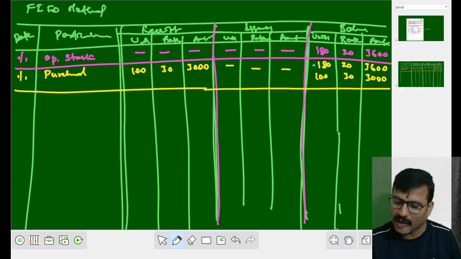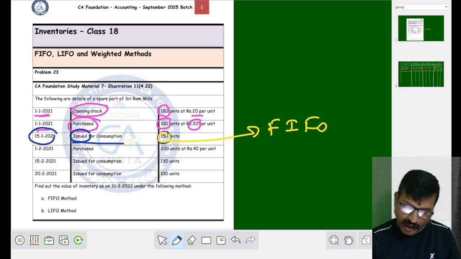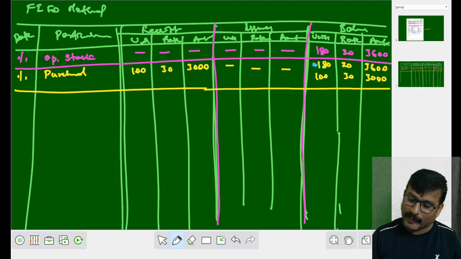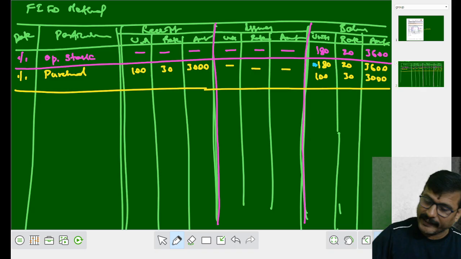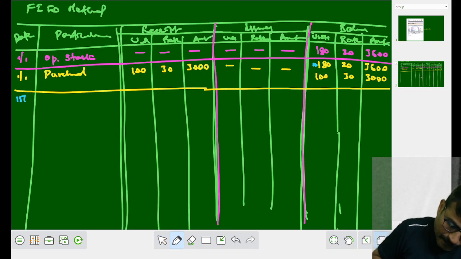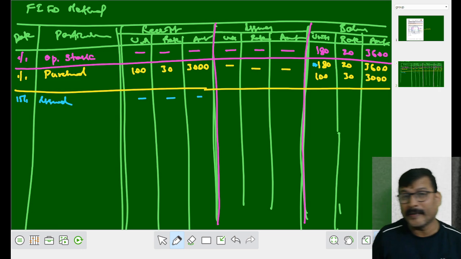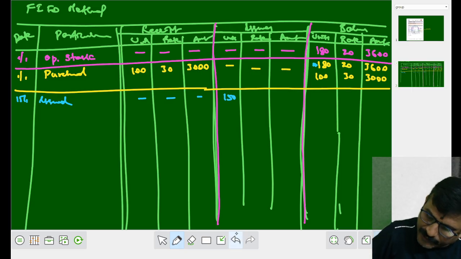How many units are needed for issue? 150 units. Is it possible to make all the 150 out of 180 units? Yes. On 15th January, issued 150 units. I issue all 150 units out of the 20 rupees lot, it comes to 3000.